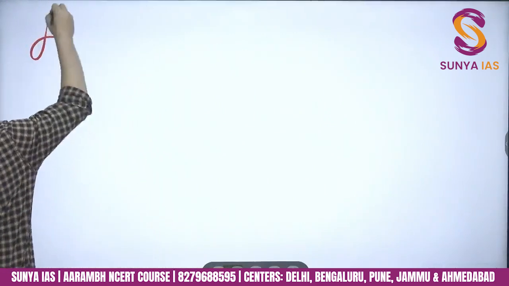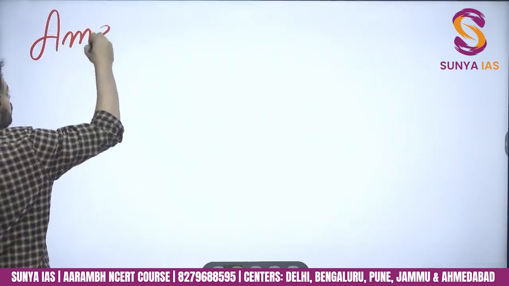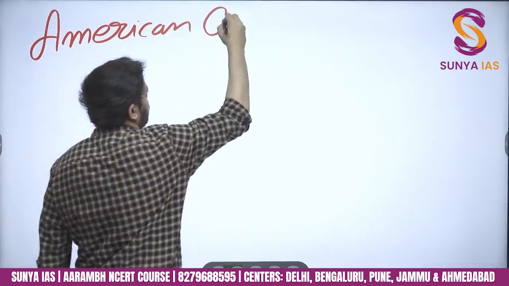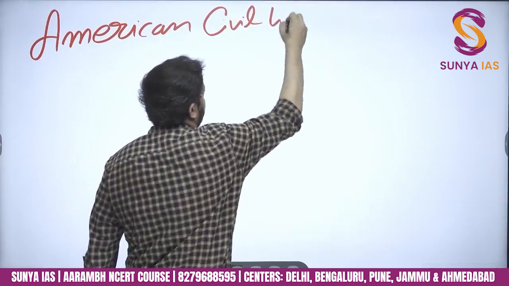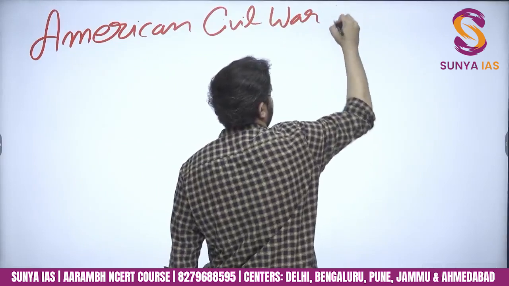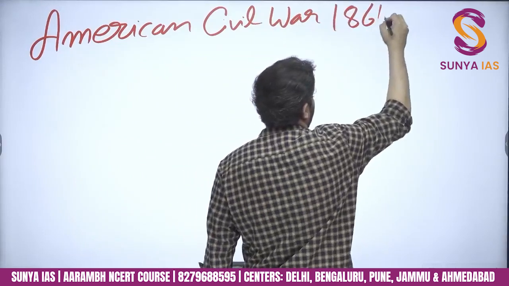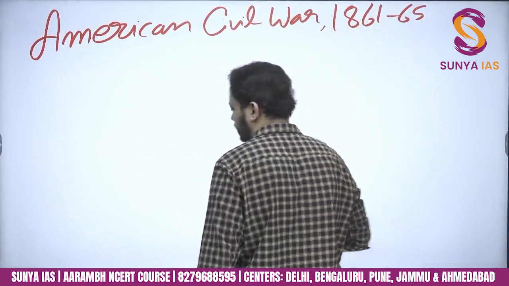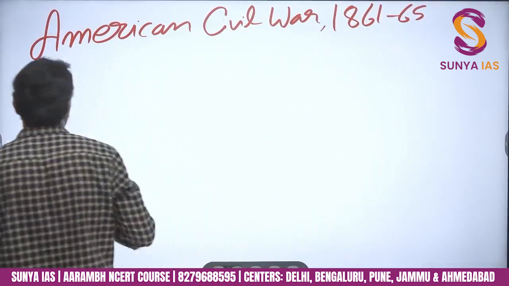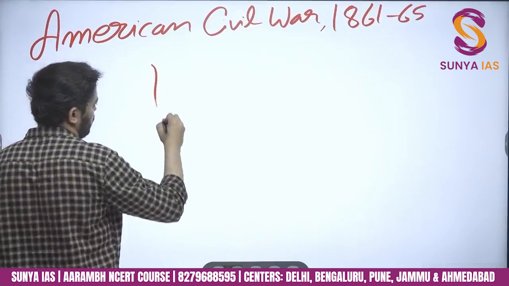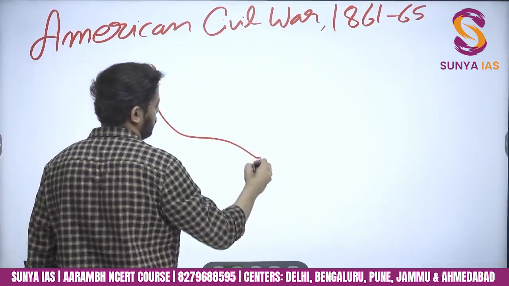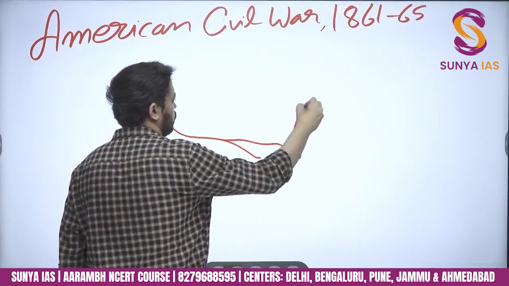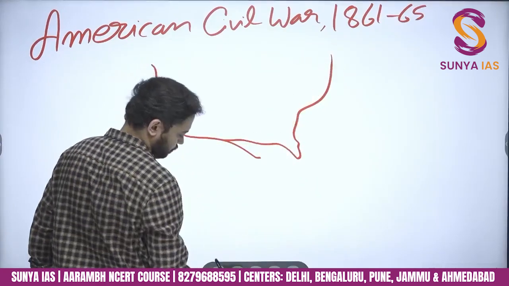So the American Civil War happened between 1861 and 1865. This is the time when Abraham Lincoln became the president of America. You know this is usually the map of America. Below is Mexico, but this is the map of America.